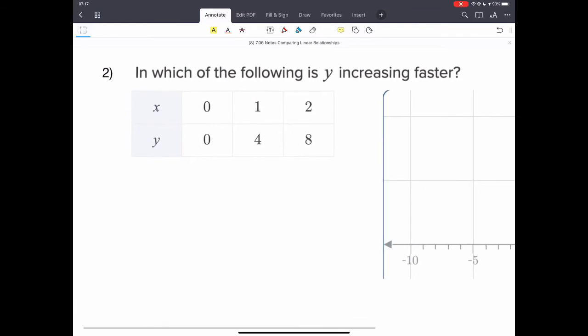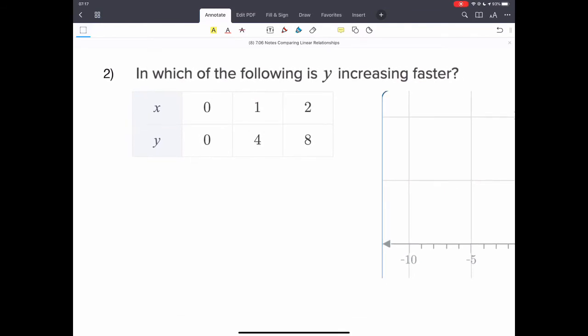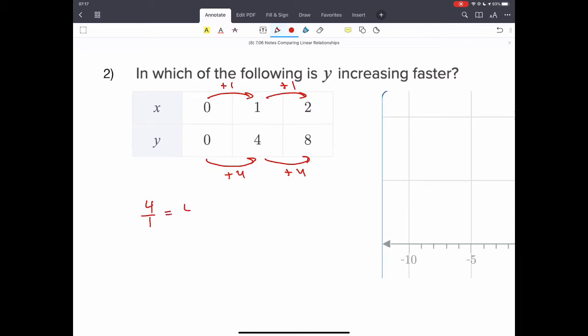To find the rate in the table, we're going to compare the change in the y. In this case, the y is increasing by 4, compared to the x, which is increasing by 1. The y is increased by 4 again. The x is increased by 1. So this is a rate of 4 to 1, which we can simplify to 4.